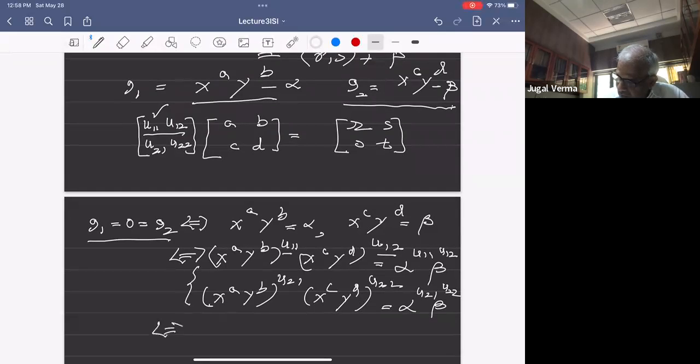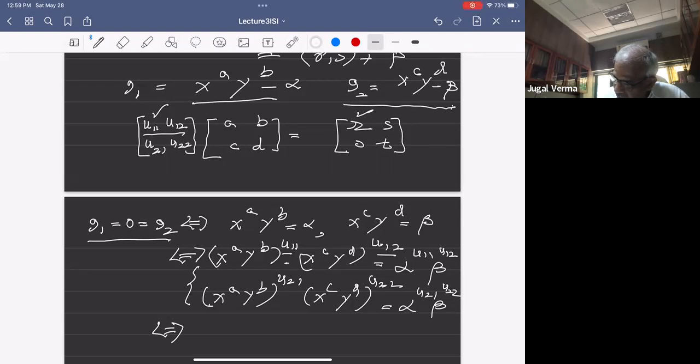But now look at R. This first entry R is the dot product of this first row U11, U12 with the first column vector A and C. So this is where I am multiplying.